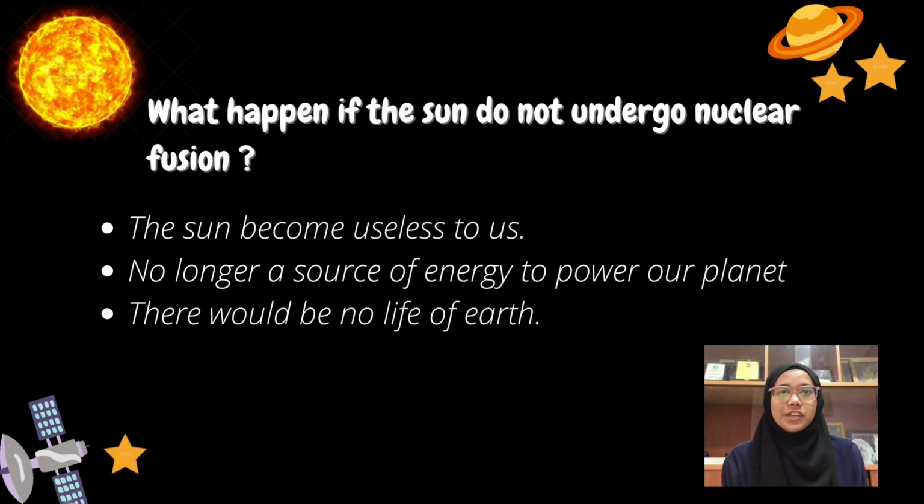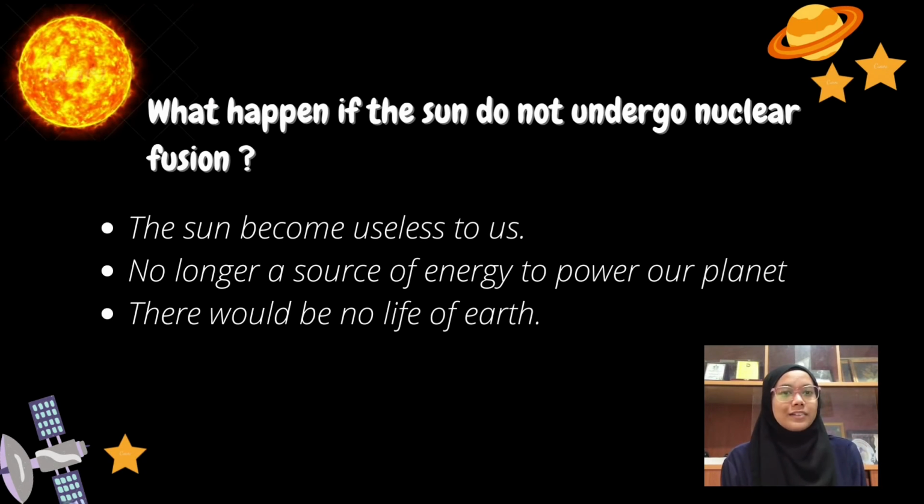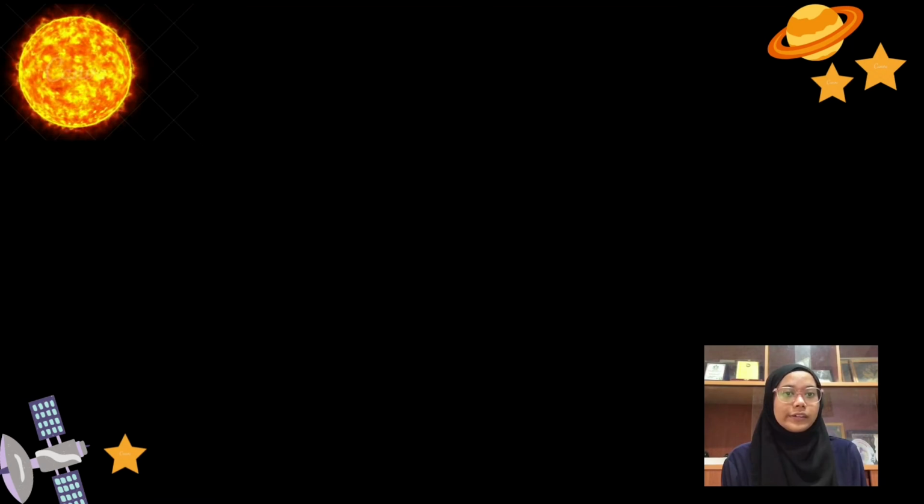Because of the fusion reaction in the core of the sun, we can see light and feel warmth. Other than that, we already know the sun is the source of all energy. It means that if nuclear fusion does not occur in the sun's core, we will no longer have a source of energy to power our Earth.